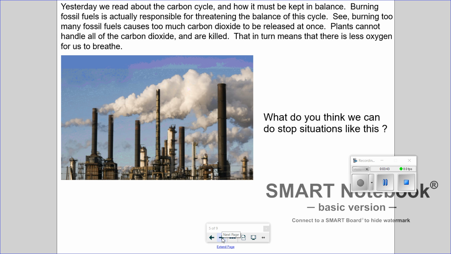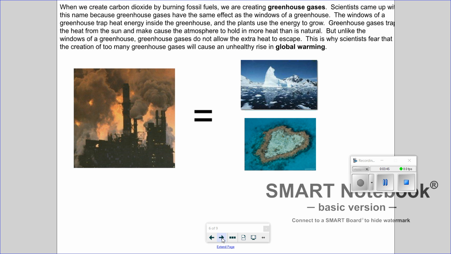But moving ahead, when we create carbon dioxide by burning fossil fuels, we are creating greenhouse gases. Scientists came up with this name because greenhouse gases have the same effect as the windows of a greenhouse. The windows of a greenhouse trap heat energy inside the greenhouse, and the plants use the energy to grow.